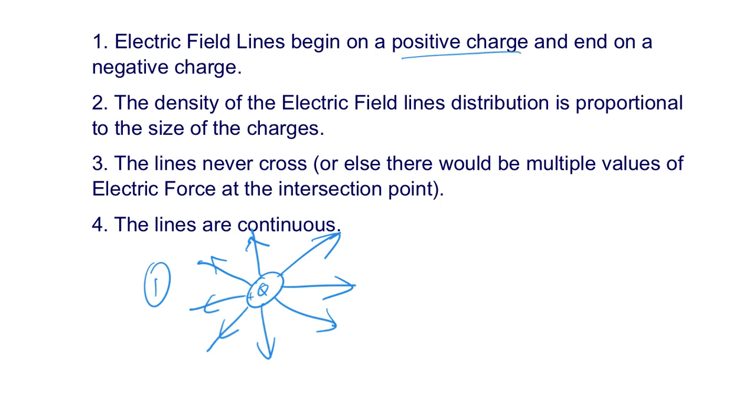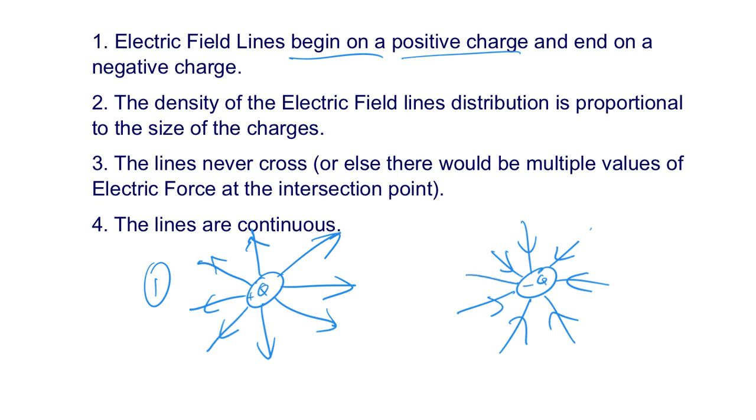And if you had a negative field charge, the field lines end on the negative field charge, because that's the way positives are attracted to negatives, and the test charge is always positive.